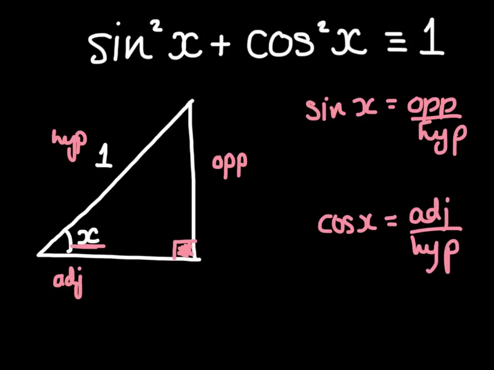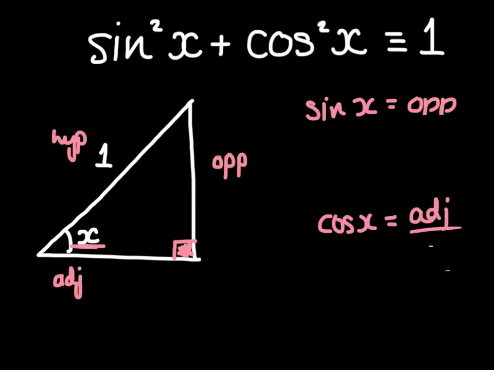So we know that our hypotenuse is 1 in both of these cases, so actually I can get rid of my hypotenuse in both of these equations and replace that with 1. Now, anything divided by 1 is just itself, so in fact I can just completely get rid of my 1.